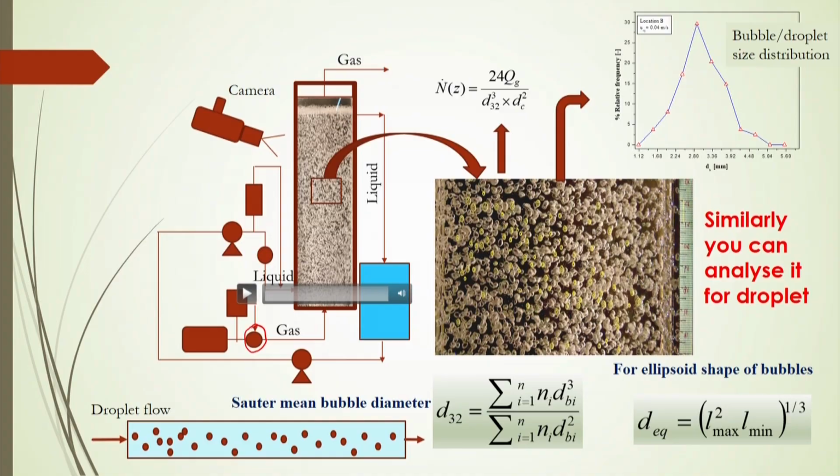So, there will be an effect of pressure also for controlling the bubble size, and the flow rate of the gas is also one important variable by which you can get the size of the bubbles, whether it will be finer or coarser. That depends on the inertial force or kinetic energy distribution in this column whenever flow will be there. Maybe at higher flow rate, you will see there will be more probability of coalescence of the bubbles and more breakage of the bubbles.